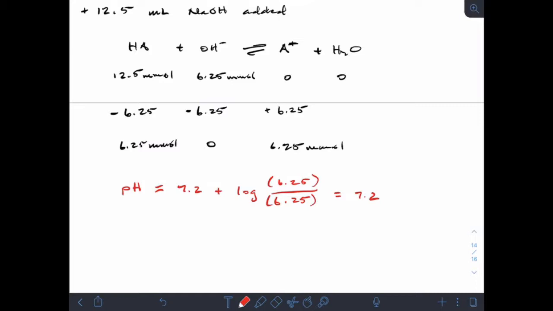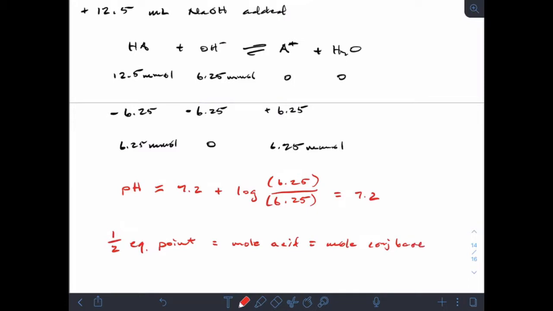Okay, so take a look at where we are. Remember in the previous video we talked about a thing called the half equivalence point. And the half equivalence point was where moles of acid equals moles of conjugate base.